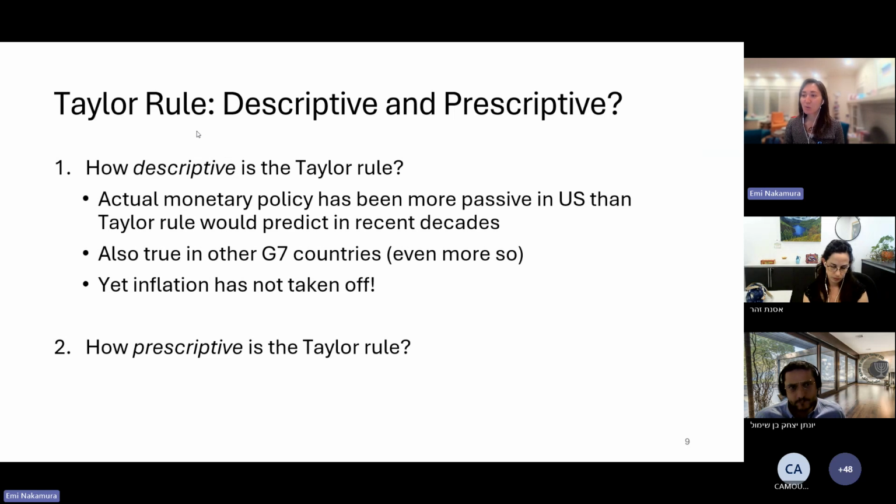So to summarize what I've shown you so far, the first part of our paper is thinking about the question of how descriptive the Taylor rule is. And what we show is that for both the United States and particularly for other countries, actual monetary policy has been much more passive than the Taylor rule would predict. This is even more so in other G7 countries, but nevertheless, it doesn't look like inflation has taken off in a lot of these countries.